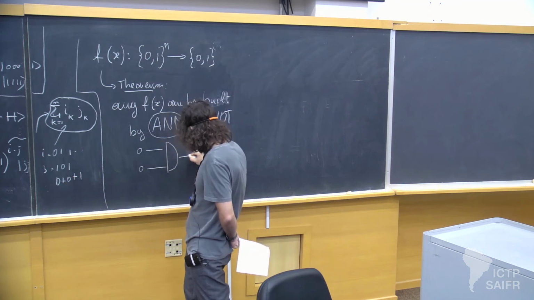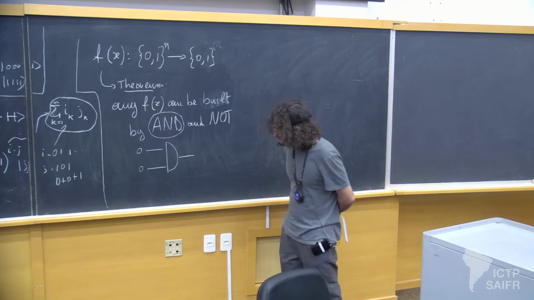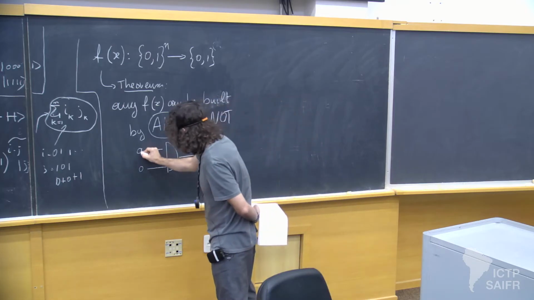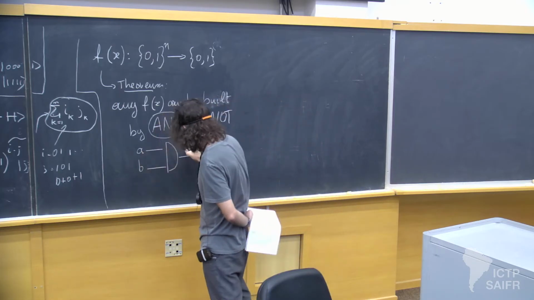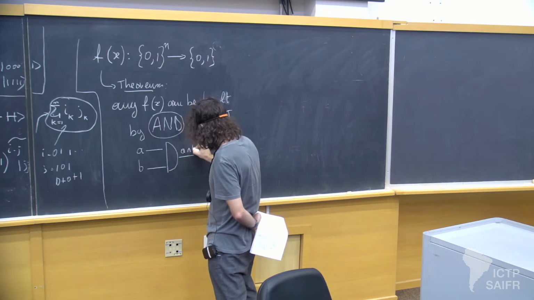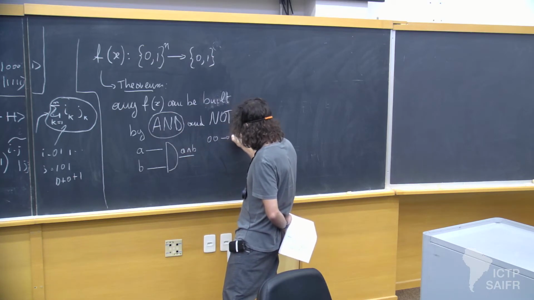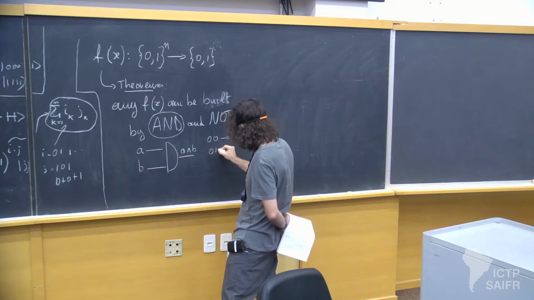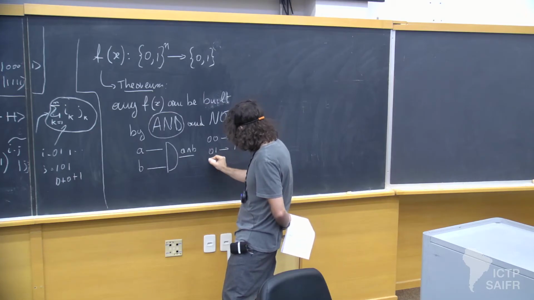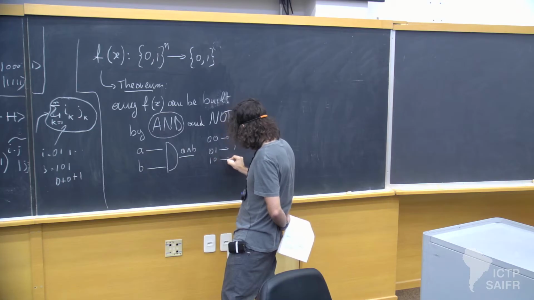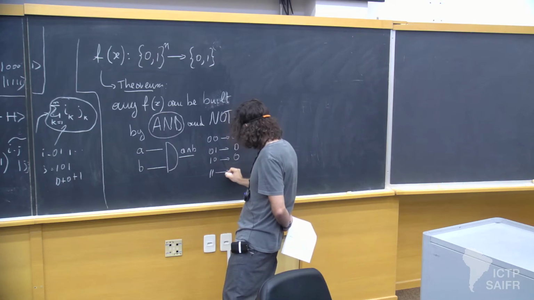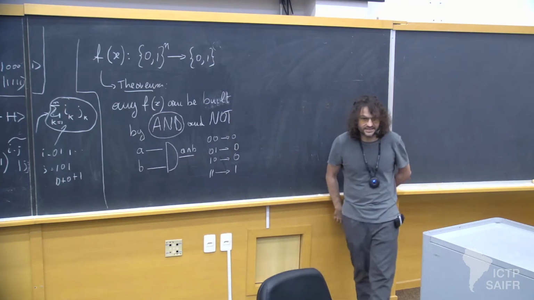Here we have A, here we have B, and here we have A and B. We know that 0,0 gives 0; 0,1 gives 0; 1,0 gives 0; 1,1 gives 1, right? This is the AND gate.